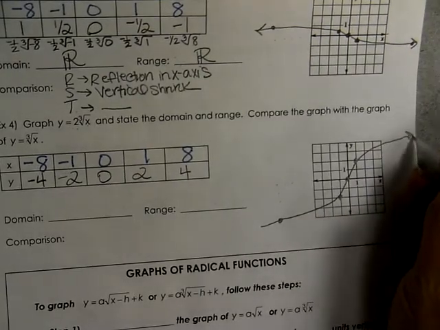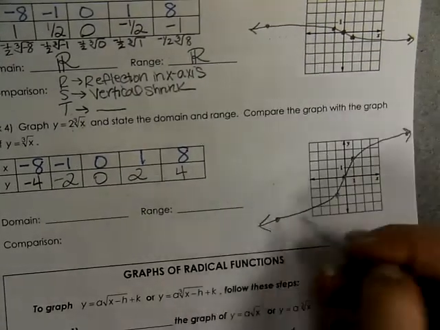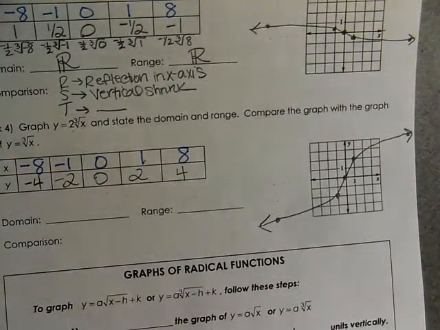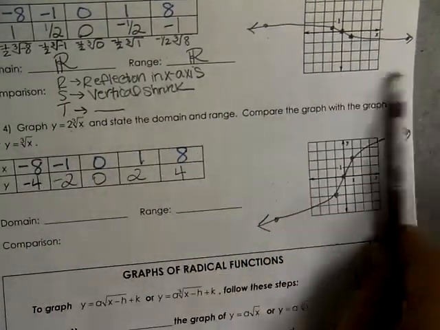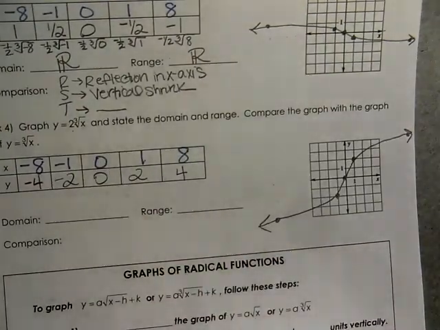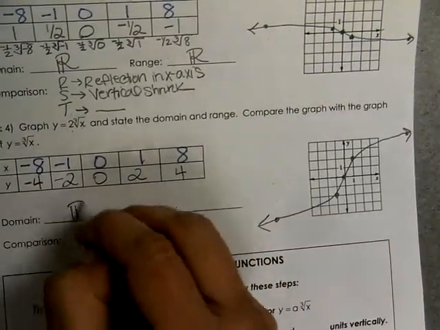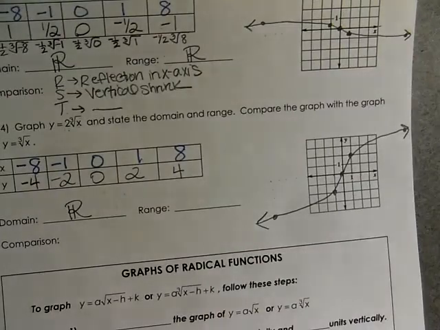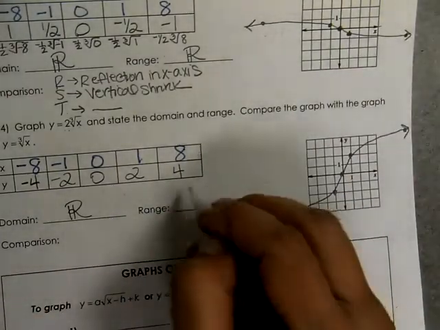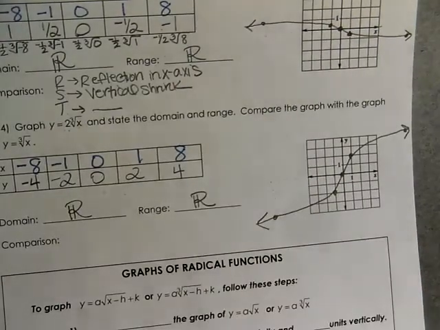Notice this covered a little more of the graph that we get to see. I wonder why that is. So when we're looking at this, again, from left to right, we have arrows in both directions. Remember, you can take the cube root of anything. Lots of clues here to show us that our domain is all real numbers. And again, we have arrows both going up and down, so that means our range is also all real numbers.